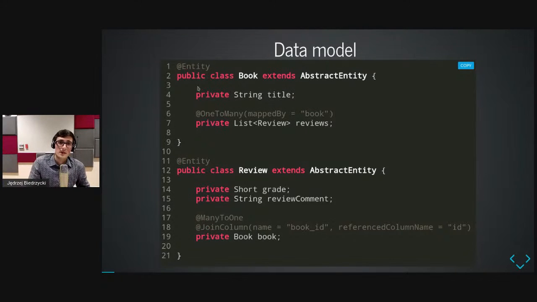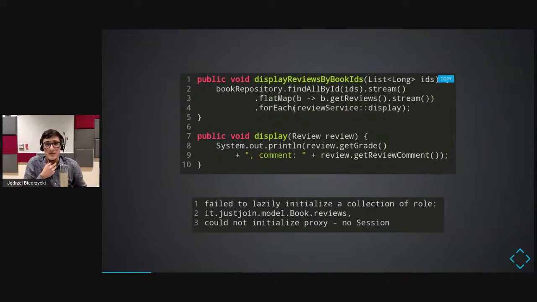So if we fetch an instance of the class Book, then instead of this list populated with data, we are getting a proxy. And that's what is happening here. Here we have all the books from our repository that we want, and then we try to iterate over the reviews, but this field reviews is not yet instantiated.